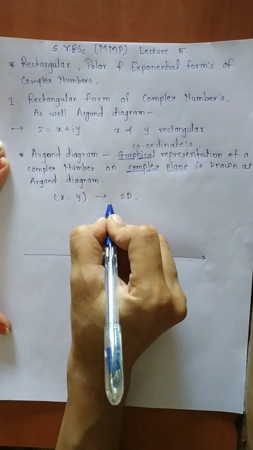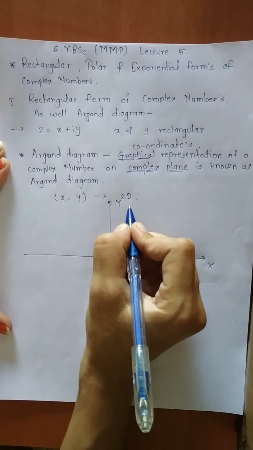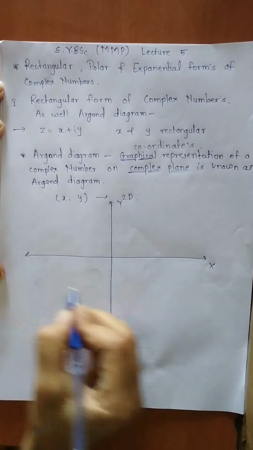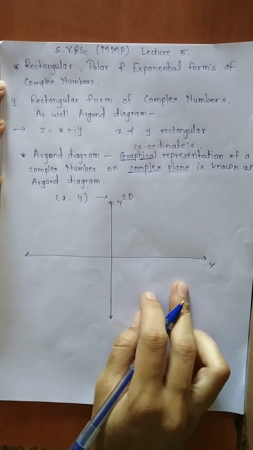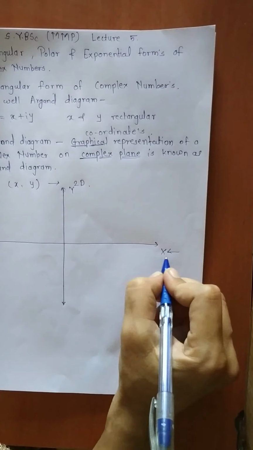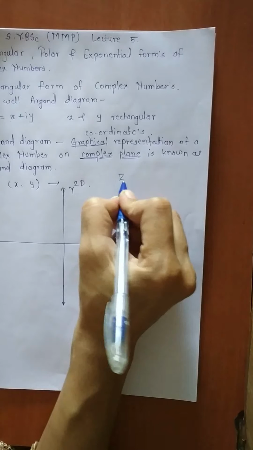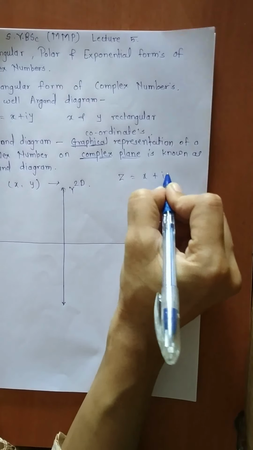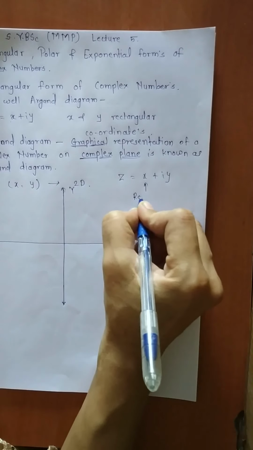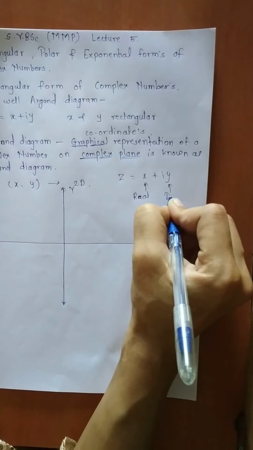This is our simple plane. This is the x axis and this is the y axis. On the x axis we will represent the real part of the complex number. Now you know that z equals x plus iy. Here x is the real part and y is the imaginary part.